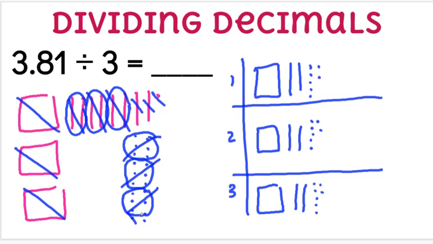And now I have used all of my 3 and 81 hundredths. And so now I just need to see how much is in each of these groups. So I see that I have 1 whole, I have 2/10, and I have 7 hundredths. So 3 and 81 hundredths divided by 3 is 1 and 27 hundredths.